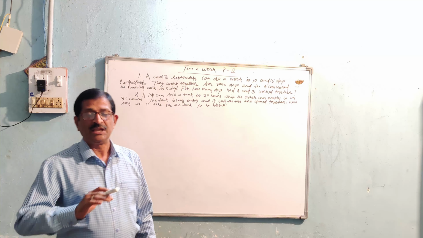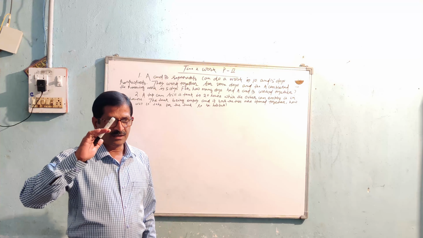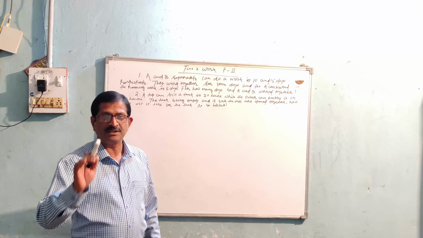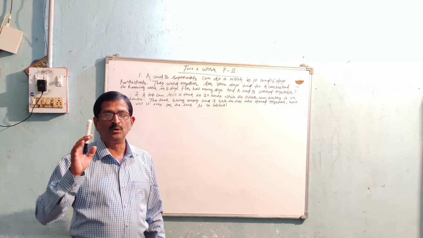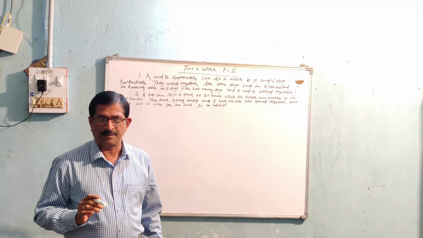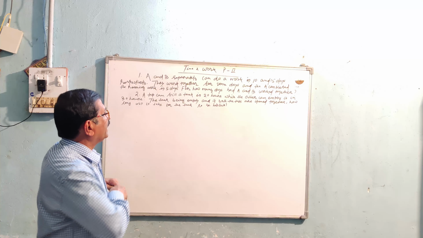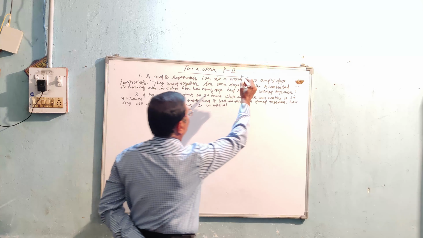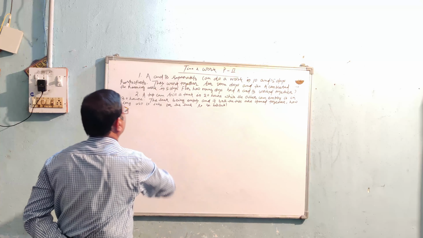Unless and until you remember this question, or you are able to know about the question, you can't do that sum. It is given that A and B can do the work in 10 and 15 days respectively.